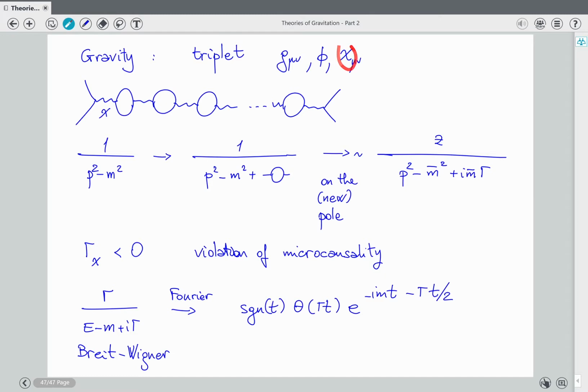So in particular, we were commenting on the correction to the 2-point function of the field chi mu nu, and that means that you have to resum a geometric series like that. I don't know if you saw something like that in other courses, but anyway, this is a geometric series, and it gives you what is known as dressed propagator.